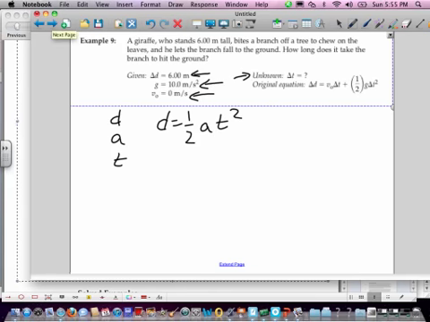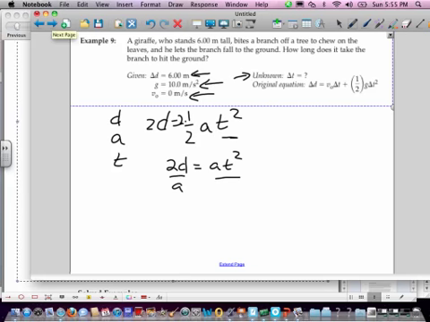But we want to solve for t, and it's a square term, so that makes it a little bit weird. So let's go through the math here. If we get rid of the half, multiply both sides by 2, we get 2d equals at squared. Now let's divide both sides by a, and we get t squared equals 2d over a.